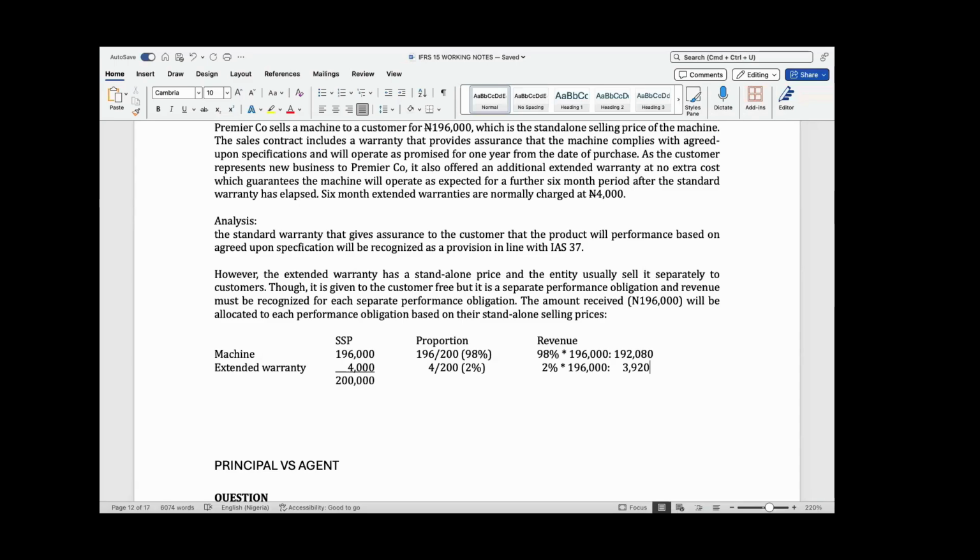Hello, sir. Please, I'm lost somewhere. Where? Yeah, I'm with you. IFRS. Please, this chart here where you said SSP, the standalone selling price of 196 and 4,000, I didn't really get the rationale behind this particular computation, sir.